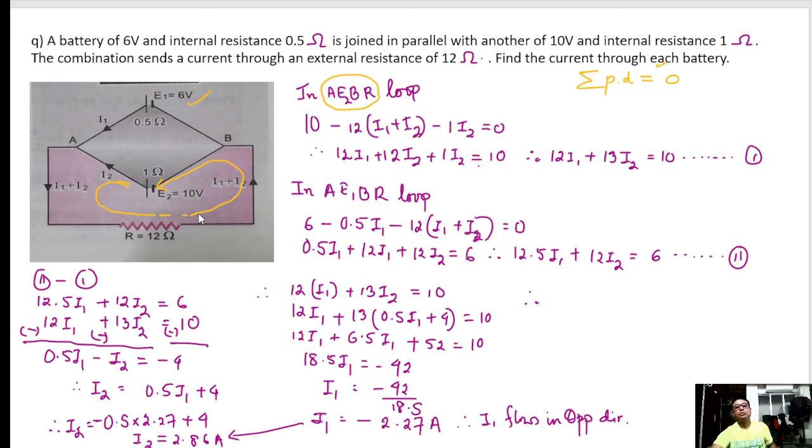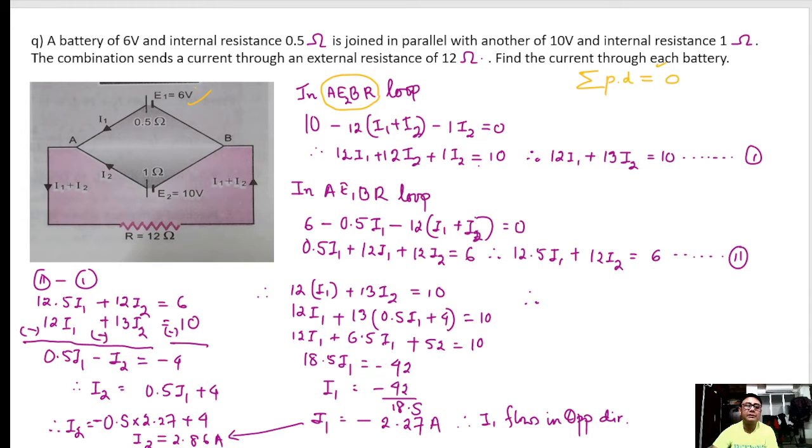We are coming out from the battery's positive terminal, so plus 10. Now over the resistance R we are moving, see, we are going like this. Sorry, I have again drawn the direction wrong, so no problem. Let me draw the loop properly.